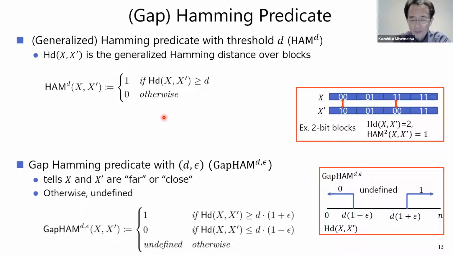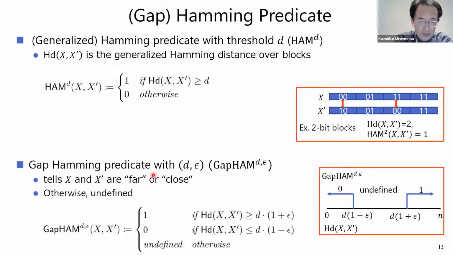So let me briefly recall what a Hamming predicate and a gap Hamming predicate are. I consider the generalized one, namely the HD of two inputs, x and x prime, is a generalized Hamming distance over blocks. Blocks means some fixed amount of bit strings. And the Hamming predicate with threshold D of x and x prime is 1 if this generalized Hamming distance is not smaller than D, and 0 otherwise.